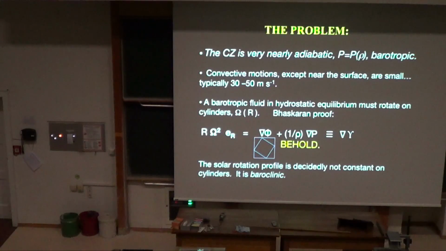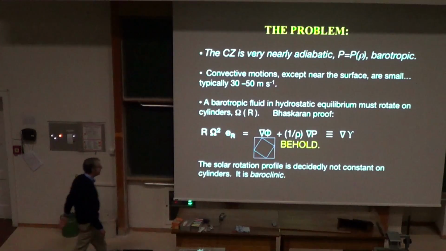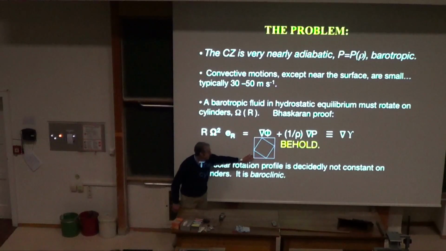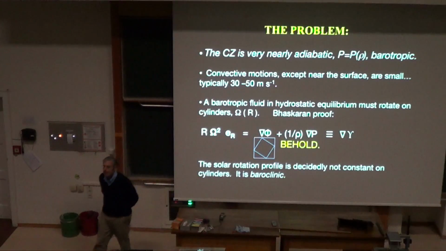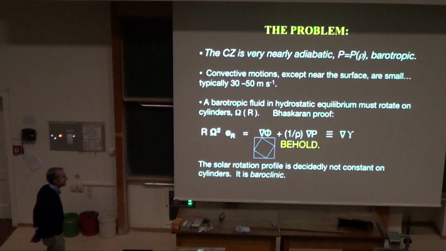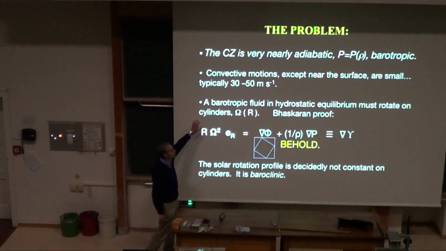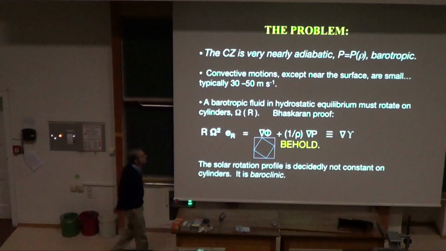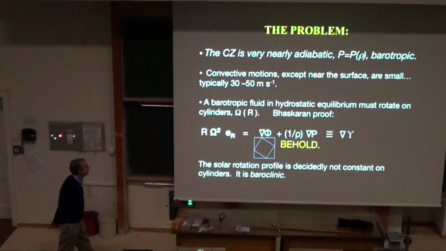And he's famous in mathematical circles for a one-word proof of the Pythagorean theorem, which I reproduce in its entirety in this diagram here. And so I'm going to offer a one-line proof of this last statement that a barotropic fluid in hydrostatic equilibrium must rotate on cylinders.